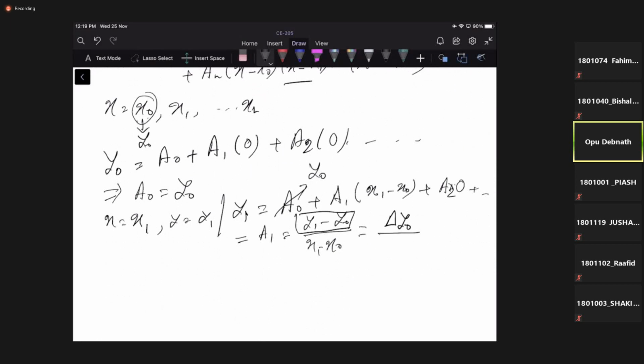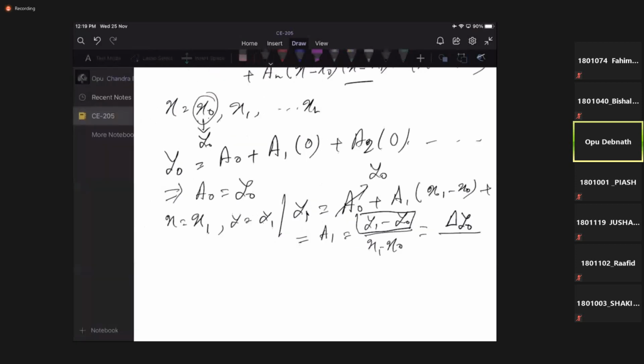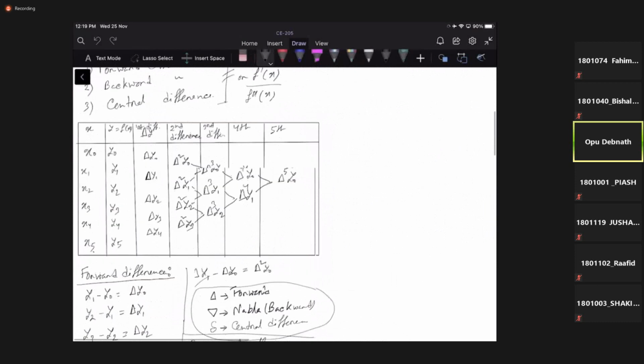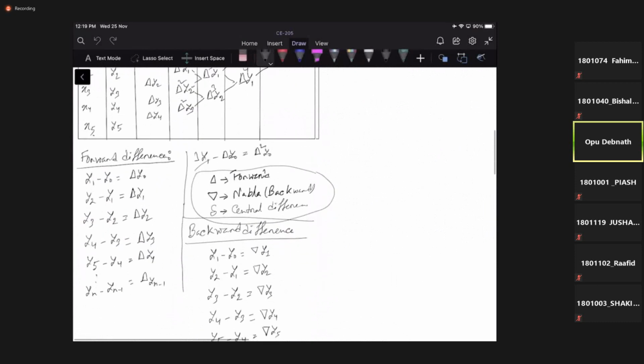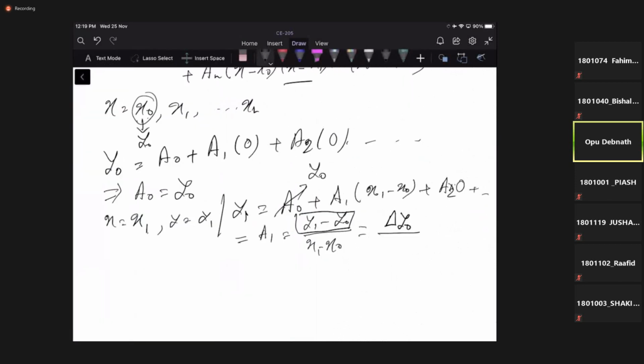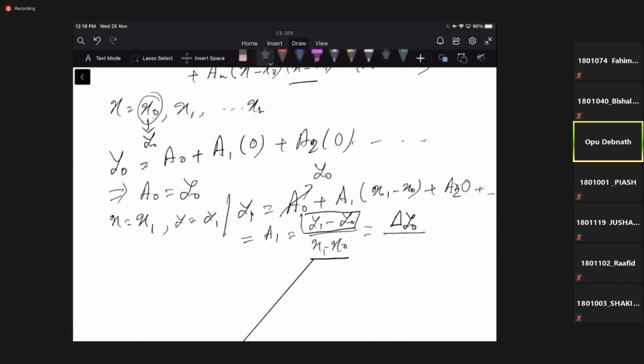When we formed this table in the last class, y1 minus y0 is the first forward difference. So this is del y0, and x1 minus x0.